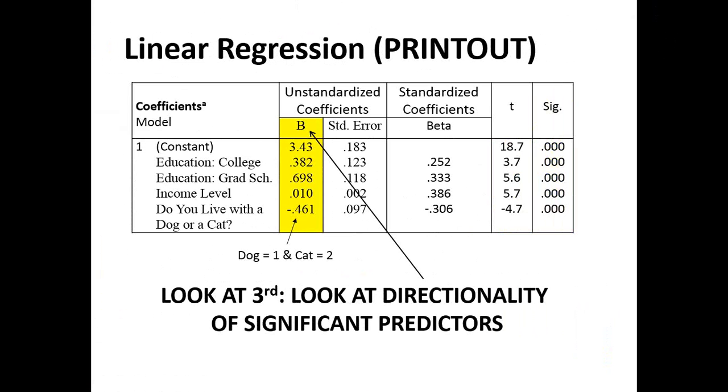That means as the variable increases from 1 to 2, there's a minus. So happiness goes down. As the dog and cat go up from 1 to 2, the level of happiness goes down because there's a minus. So that means that living with a cat, going from dog to cat, 1 to 2, is associated with a lower level of happiness.